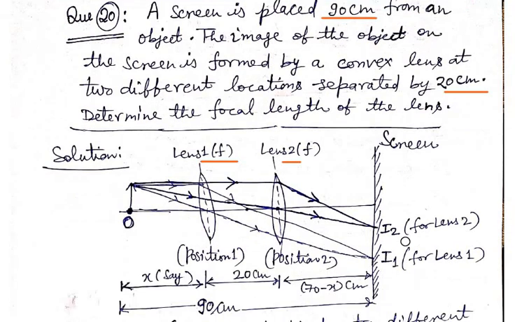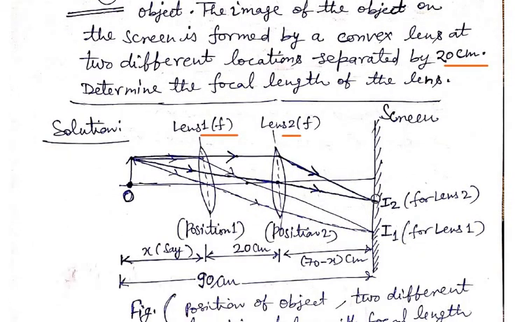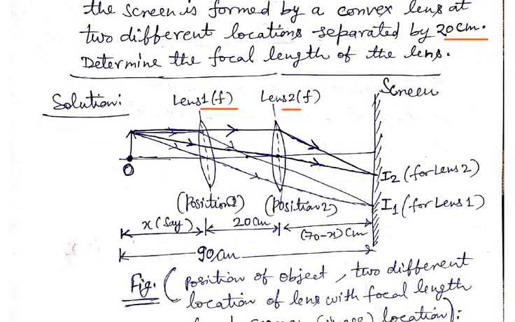Here we will consider position number one. There is one lens, which is at position 1 and position 2, the same lens at two different positions. O is the object, and if O is the object for position 1, then the image is formed at I1 for lens position 1.